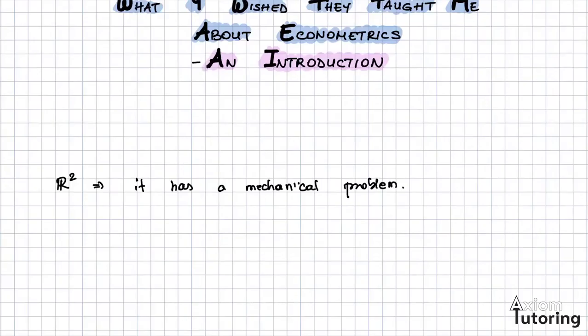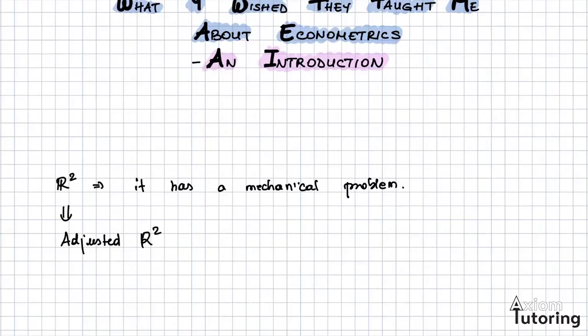That's why, on top of the R squared, we also need another element, which is called the adjusted R squared. Okay, so what is this mechanical issue with R squared? The idea is, if you add more regressors to a model, R squared will never decrease, even if this new variable is completely irrelevant to your model.